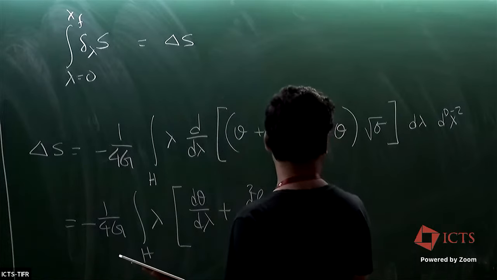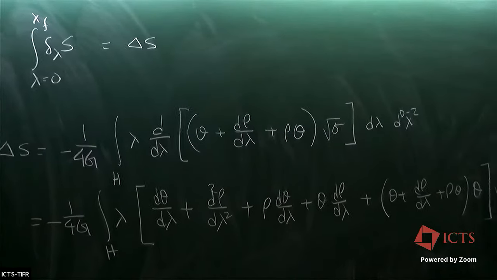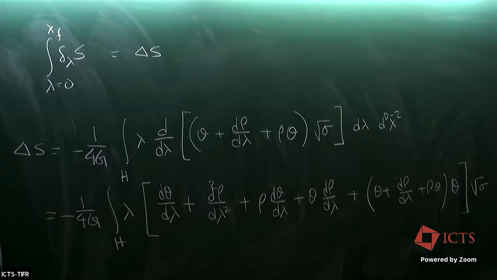Then this acting on theta plus d rho d lambda plus rho theta. And this will give me again theta, the entire thing, square root of sigma d lambda. Is it clear?